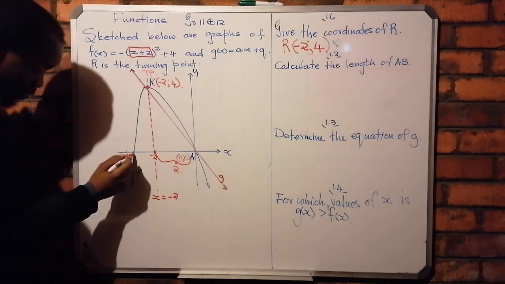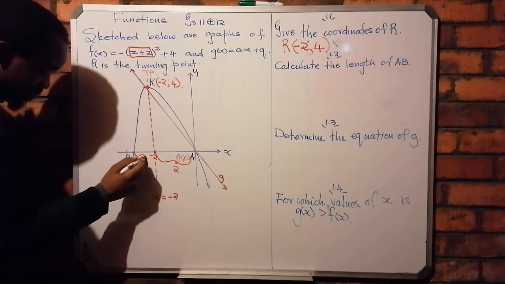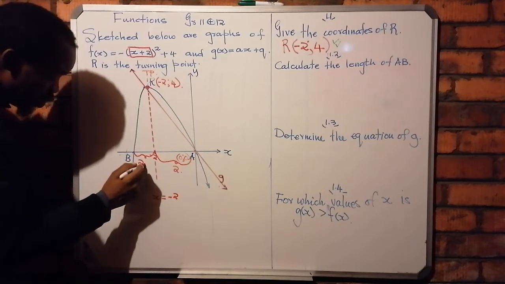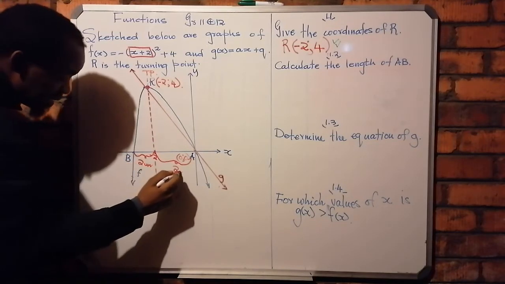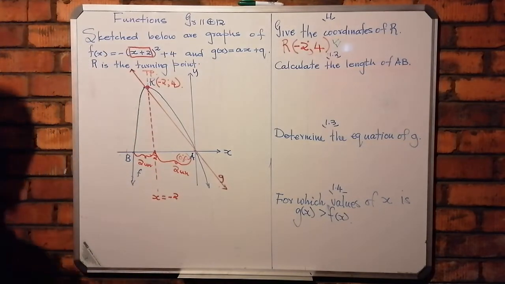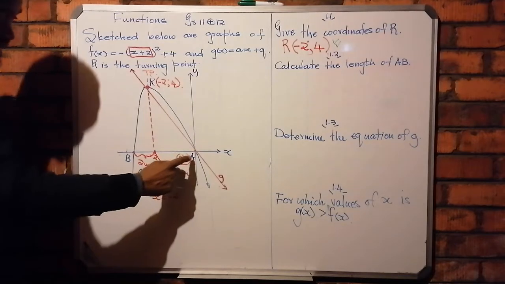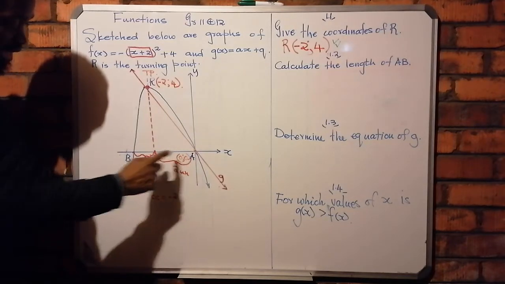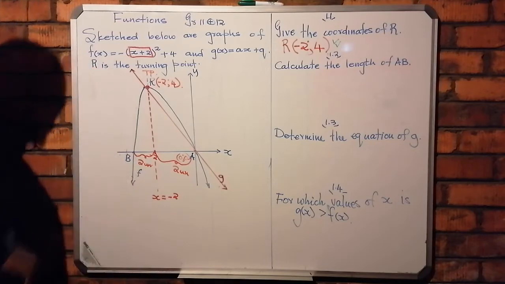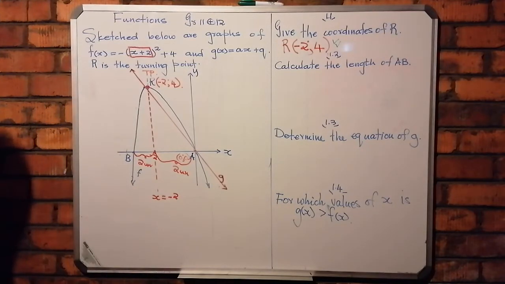That would mean that again, from here to there, it is 2 units. Meaning that the distance from A to B would be 2 plus 2, which is 4 units.